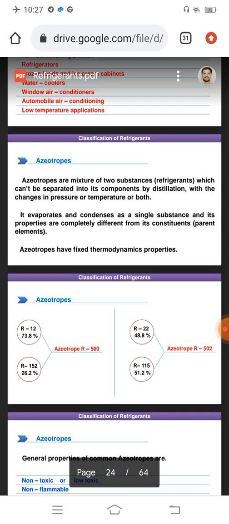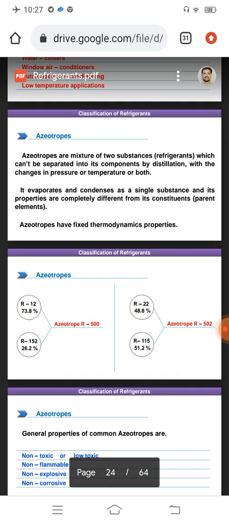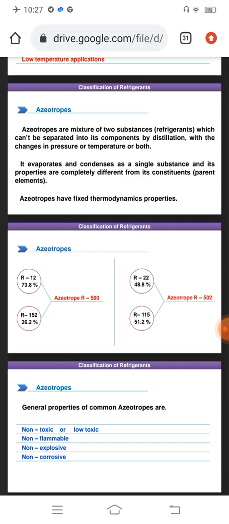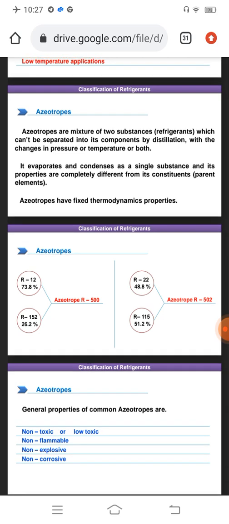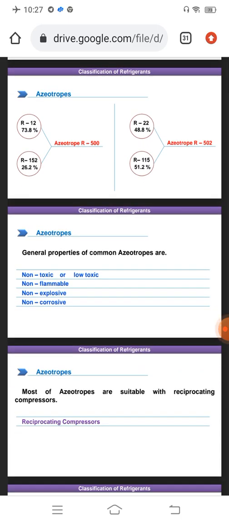The zeotropic refrigerants are mixtures of two or more refrigerants with dissimilar boiling points when the phase change takes place over a temperature range above 5.56 degrees Celsius. Examples are R404A or R407C. So these are the zeotropic refrigerants.